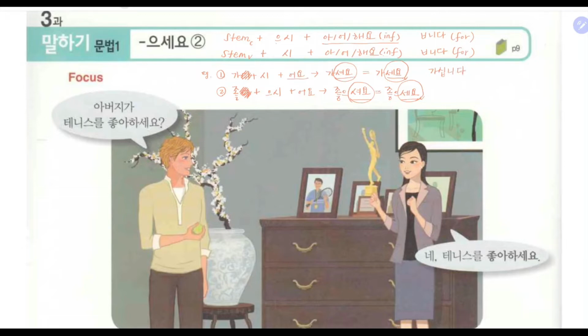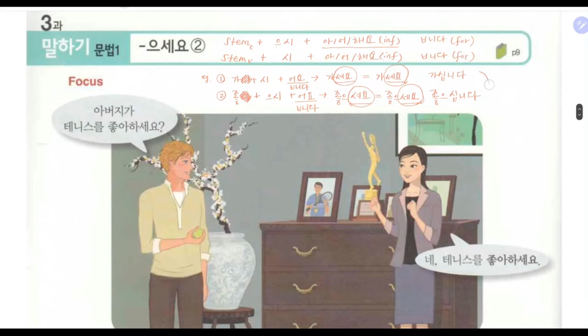So instead of 어요, we need 습니다. 그래서 가십니다. How about 좋으세요? 좋으십니다. Why? Because instead of 어요, we need 습니다. 좋으십니다. Done? These are formal.